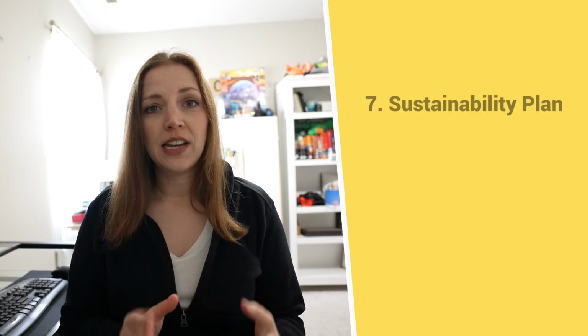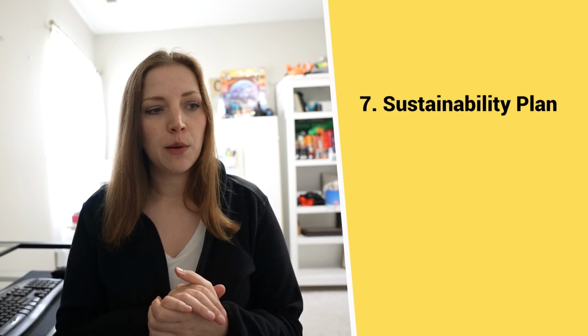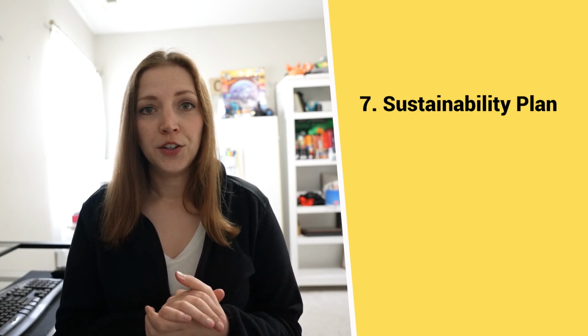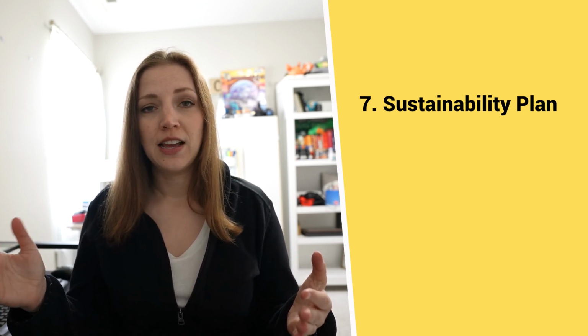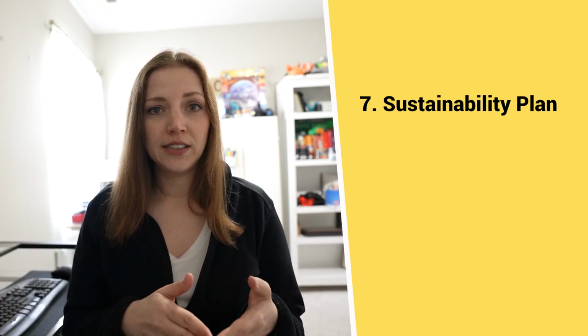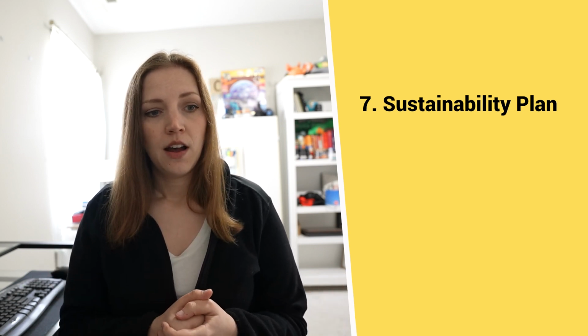Okay, section number 7, and the last one I'll talk about today in this video is your sustainability plan. So in this section, you're going to want to describe your plan for how you're going to continue covering the costs of your program or project after that funder's grant has been used, after that grant cycle is complete.